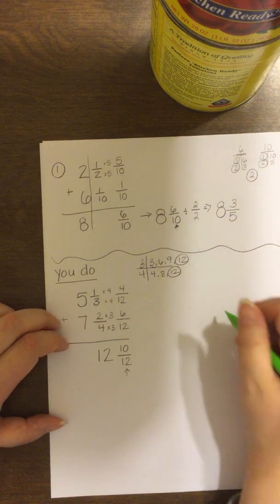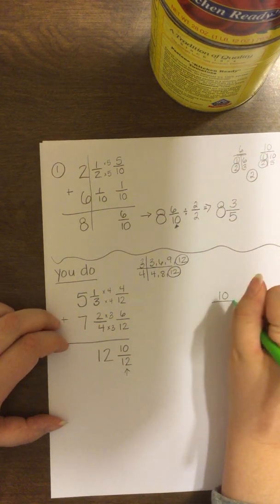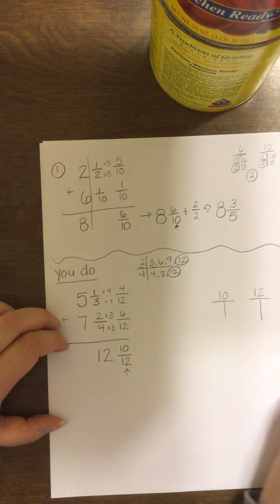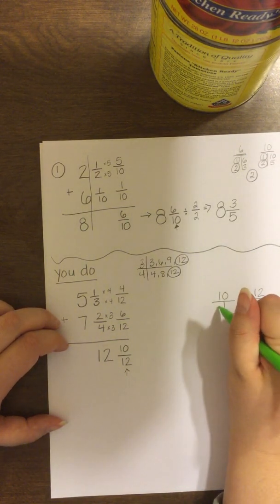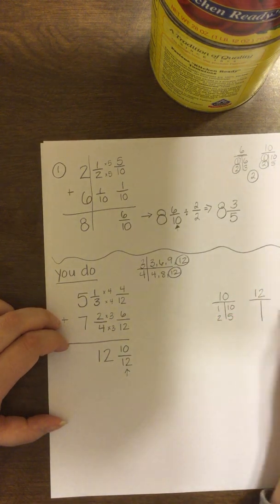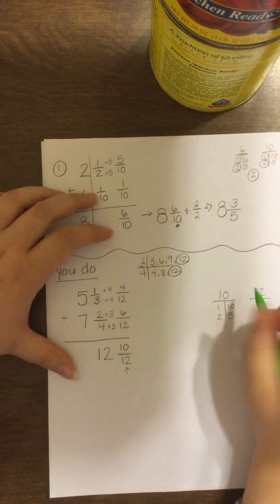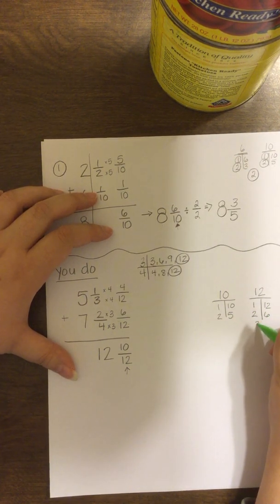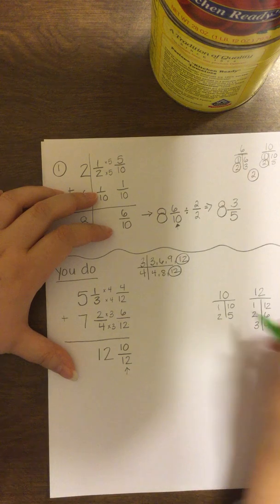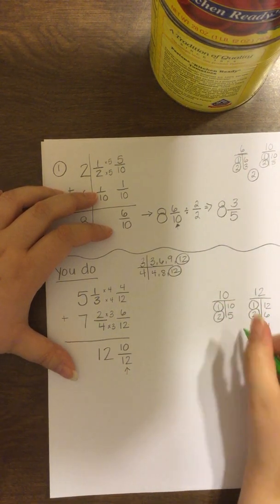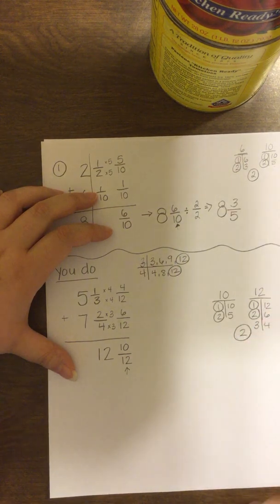So that means I have to find the greatest common factor of 10 and 12, which I know from my first problem, the factors of 10 are 1 and 10 and 2 and 5. And the factors of 12 are a little different. They're 1 and 12, 2 and 6, and 3 and 4. And the common factors are 1 and 2. So the greatest common factor is 2.